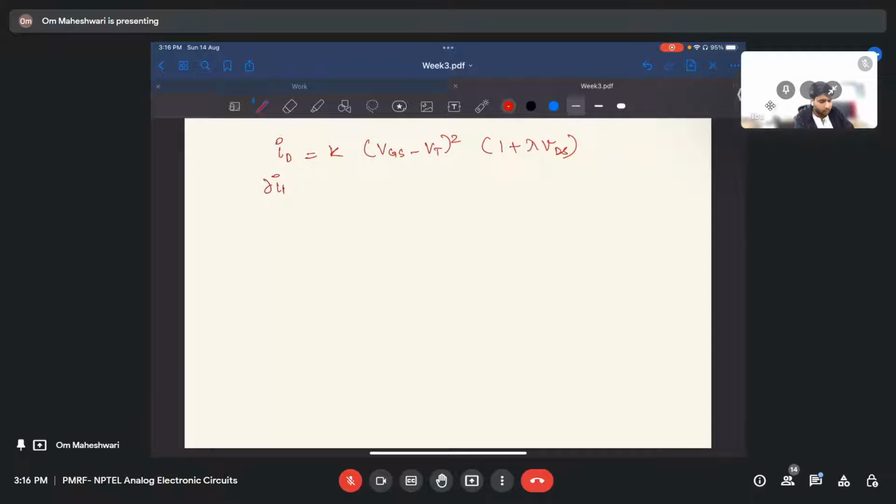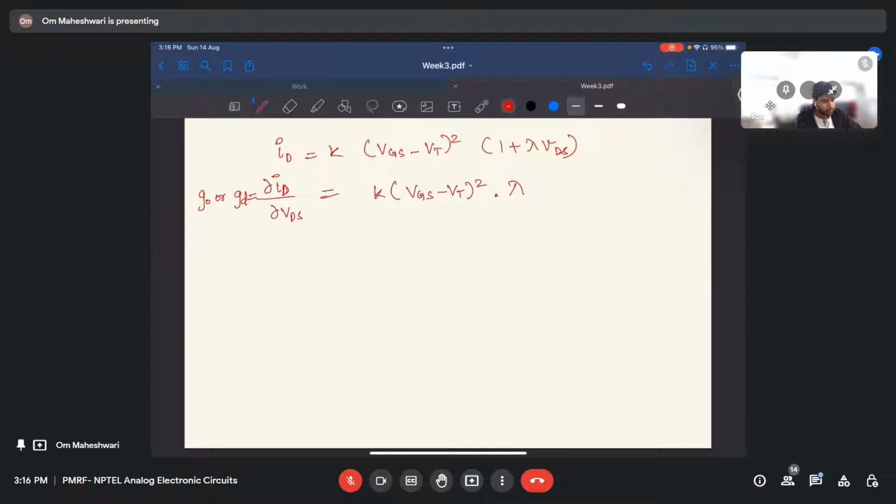So del ID by del VDS, which is GO or GD, equals K (VGS minus VT) whole square dot lambda.